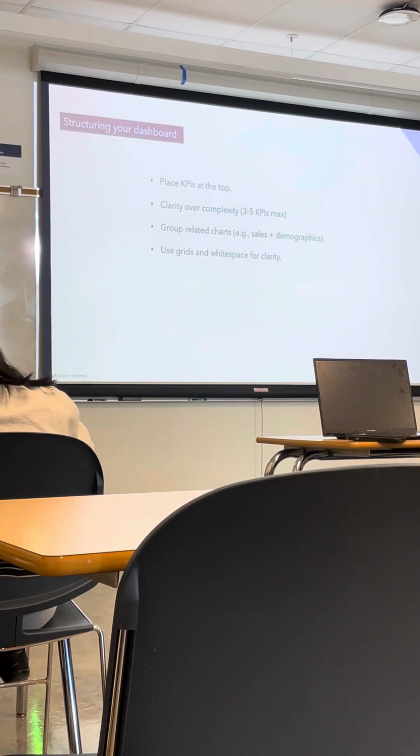So place your KPIs at the top. 3 KPIs, 4 KPIs, okay, 5 is the maximum. Because if there are too many of them, it's going to make it a little bit difficult for your audience to read. You should group your charts according to not just graphical similarity, I mean semantic similarity.